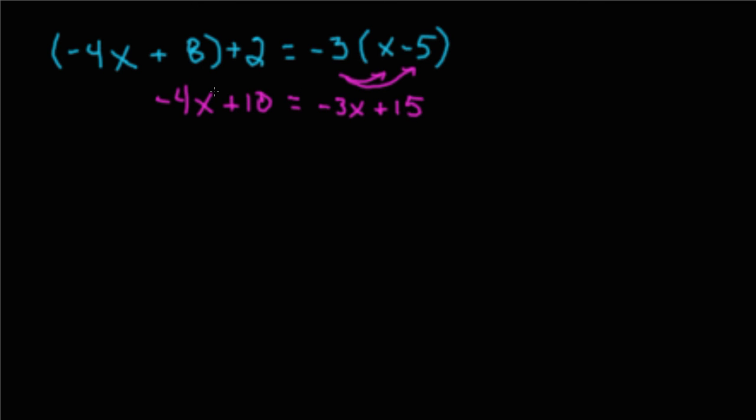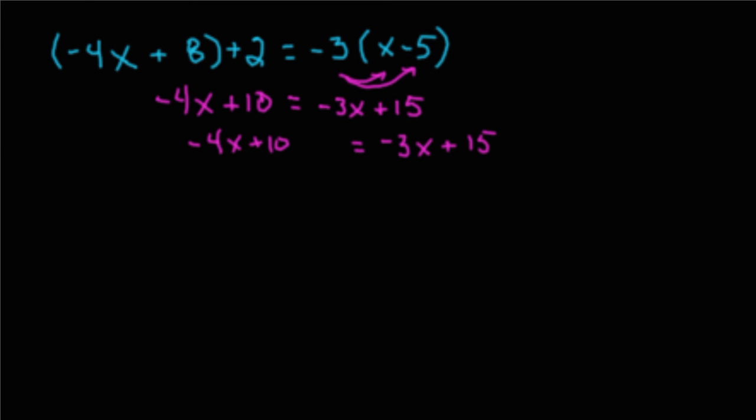So now what we can do is isolate the unknowns on one side of the equation and our constants on the other side. So let's isolate the x's on one side of the equation. So we've got negative 4x plus 10 equals negative 3x plus 15.